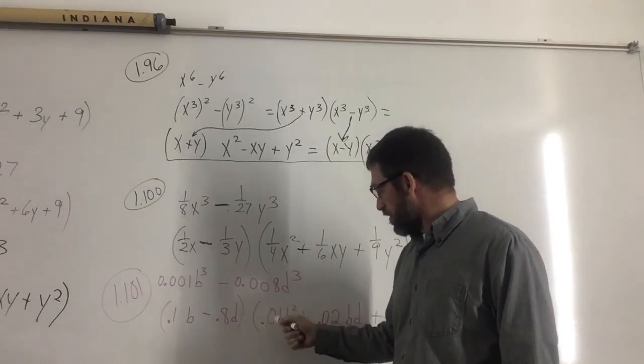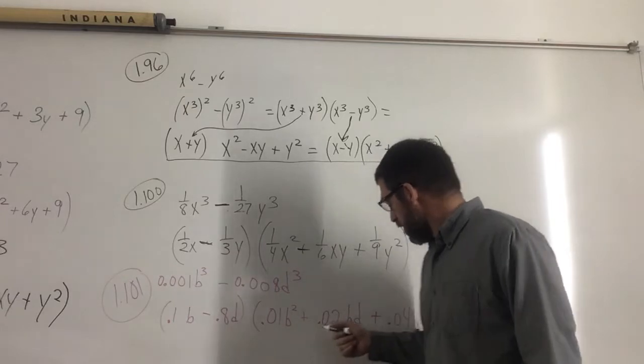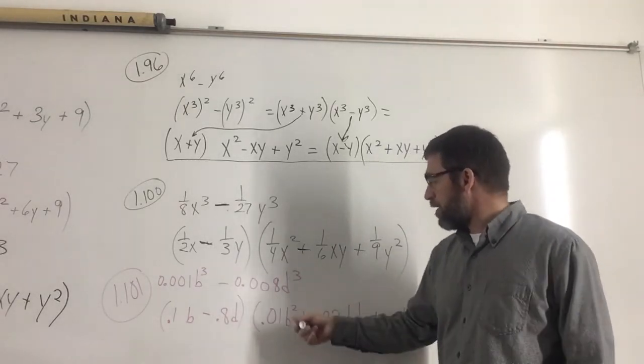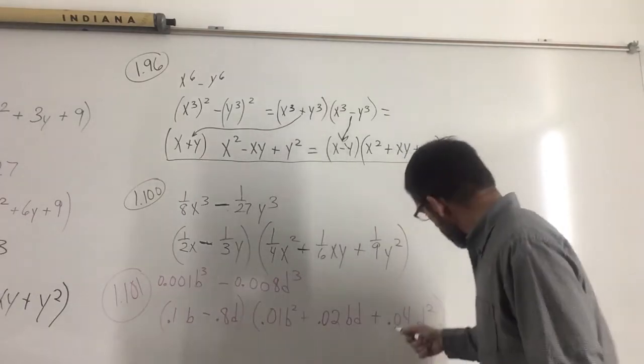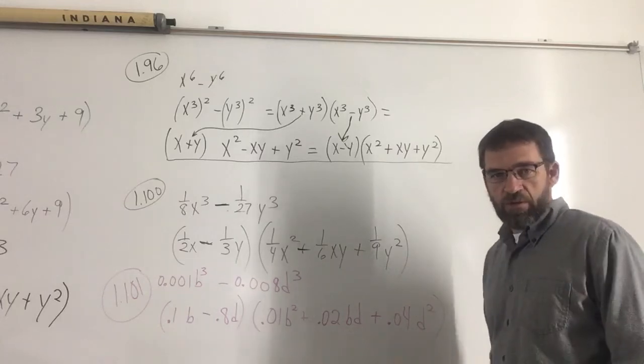Now here you got 0.01 B squared, and then you combine them. You got 0.02 BD. You got your B, and your D, and then the last one is 0.04 D squared.